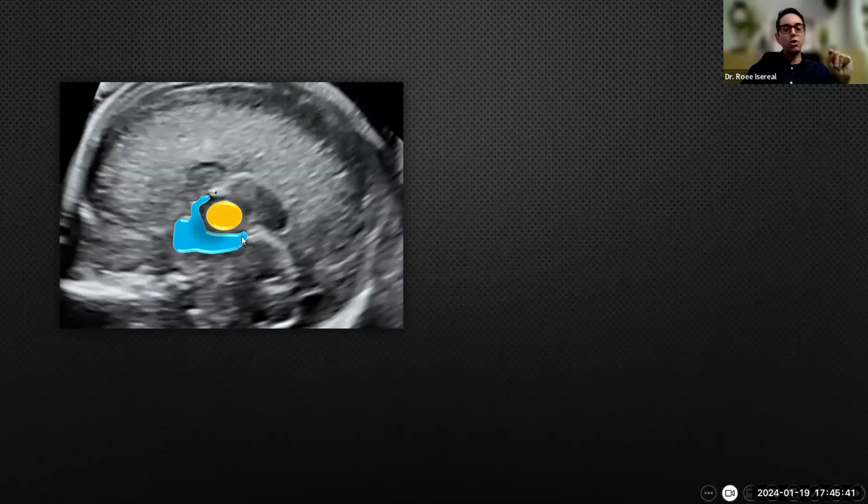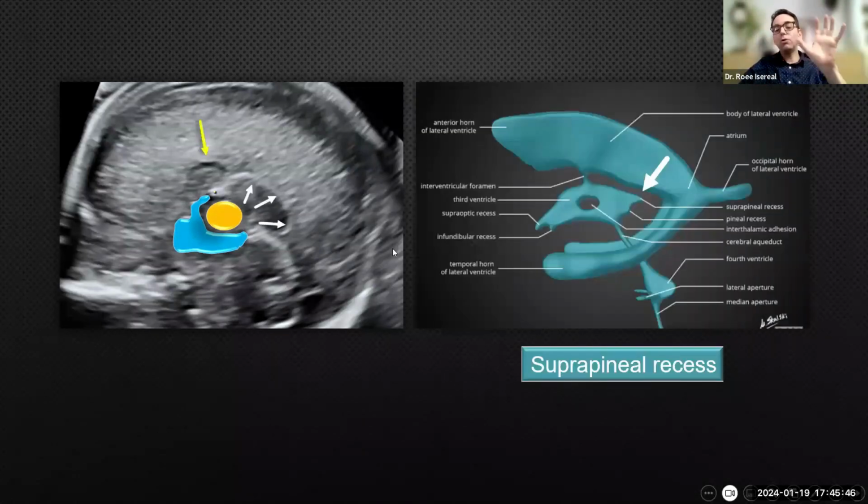This case is actually a communication between the third ventricle and a small area pushing outwards, the suprapineal recess. This is due to the high pressure in the system because distal to this point, something is blocking the drainage along the aqueduct or along the mesencephalon, and as a result, the pressure goes up and pushes out the suprapineal recess and pushes up the ventricle, so we have a triventriculomegaly.